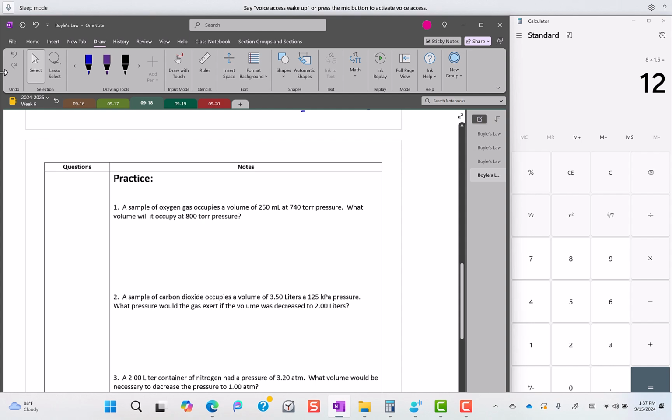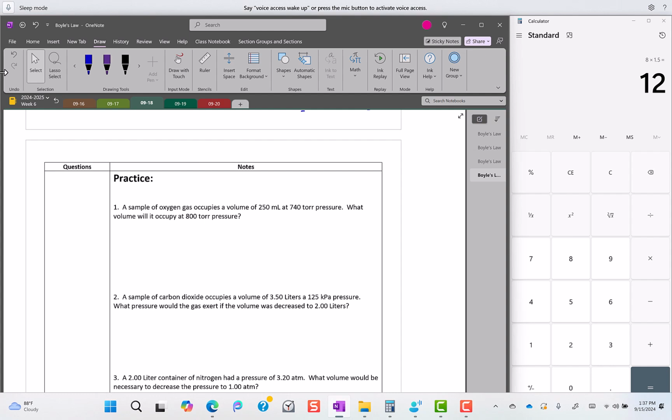We have a sample of oxygen gas that occupies a volume of 250 milliliters at 740 torrs of pressure. Okay, with direct variation, we generally have set units, like Ohm's law has set units. Newton's law had set units. Hooke's law didn't, because you could put pounds, you could put kilograms.